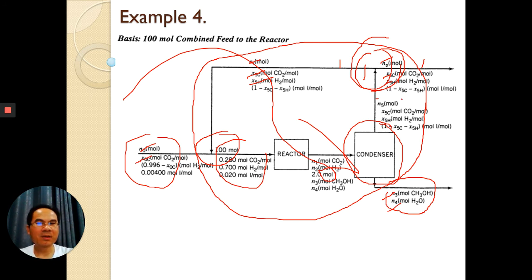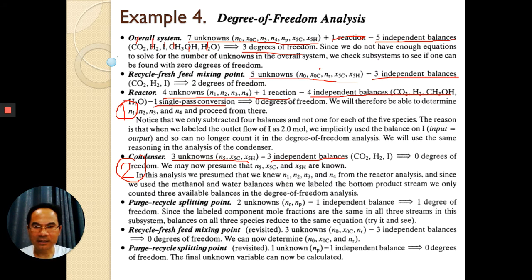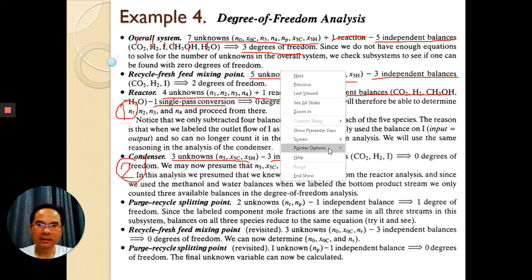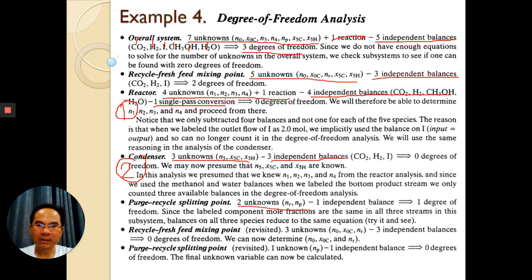Why only one? Because for CO2, H2, and inert, these three streams have the same composition. We have three balance equations, but they are not independent. It is only one independent equation. With two unknowns NR, NP and only one independent balance equation, there is 1 degree of freedom.